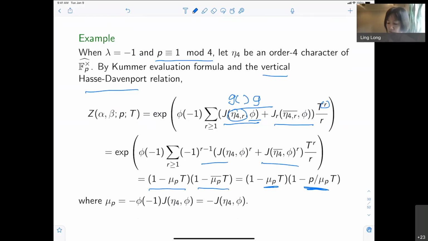In particular, you can take this mu_p to be one of the Jacobi sums, where eta_4 is, by the assumption over here, a primitive order 4 character that exists over the prime field. You can use any of those. And phi again is the quadratic character. That's what I want to say. That's the vertical view, the viewpoint we consider when we look at character sums over finite fields.